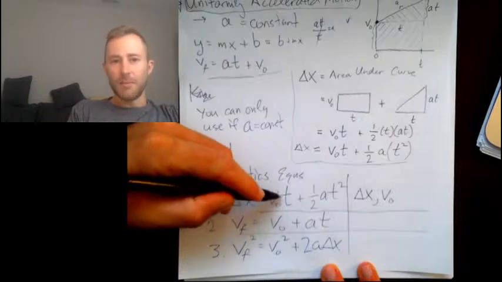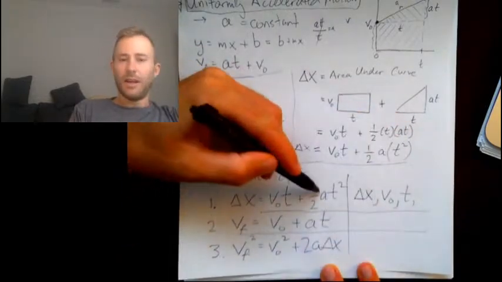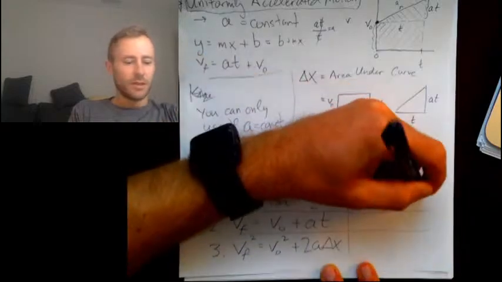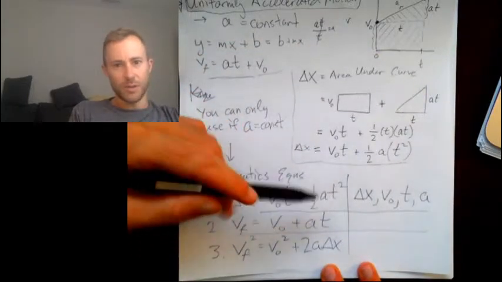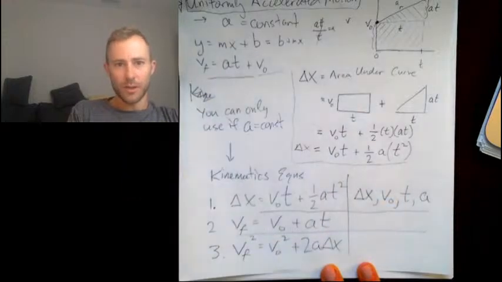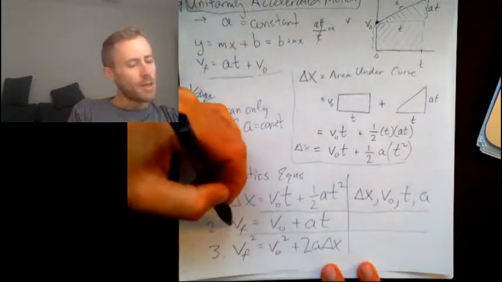It has time. It has acceleration. So this equation has 4 ingredients, and then time is again right here, but I already listed it, so I'm not going to list it again. Okay? So this equation has time in 2 places. That has 4 variables. Okay?